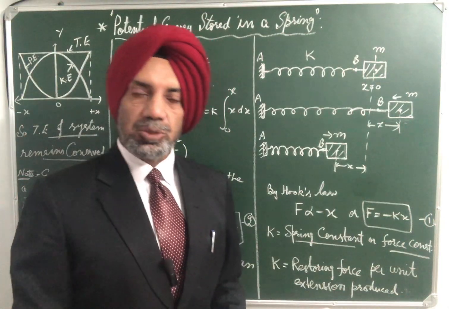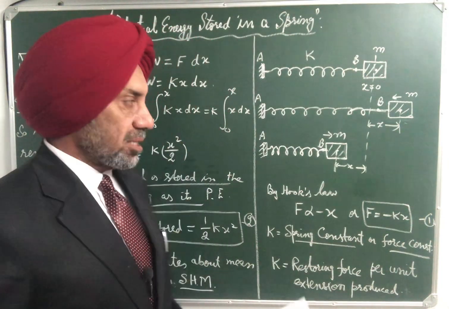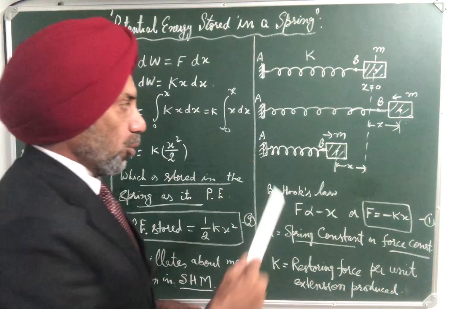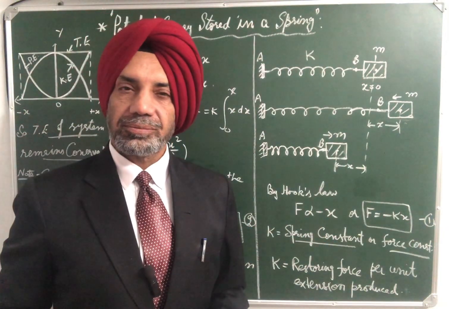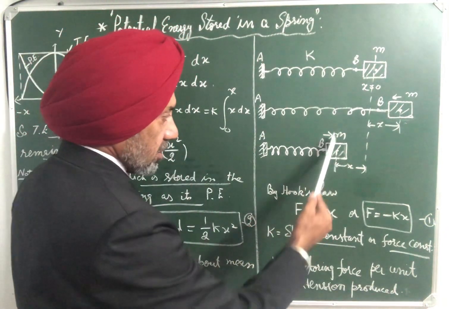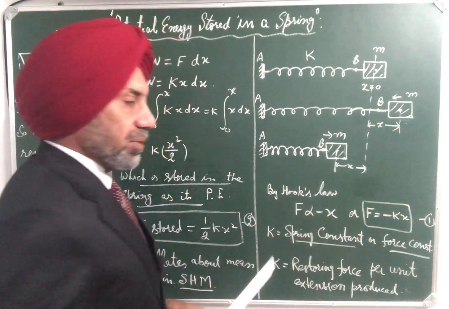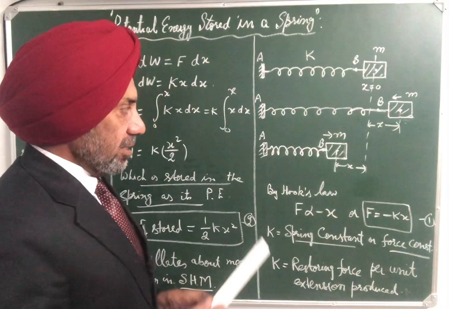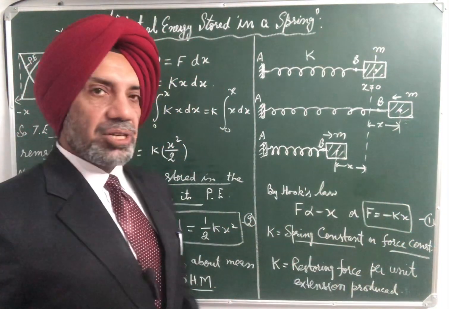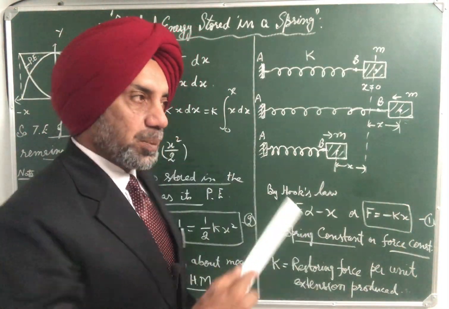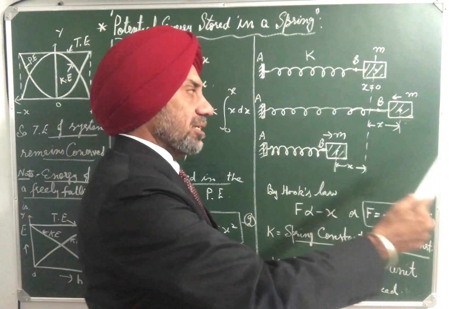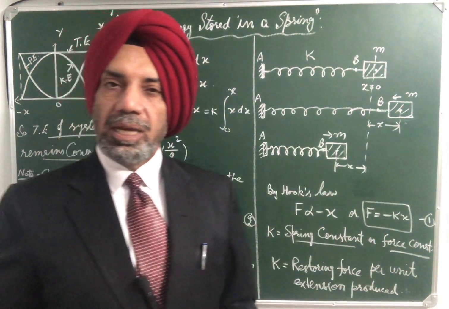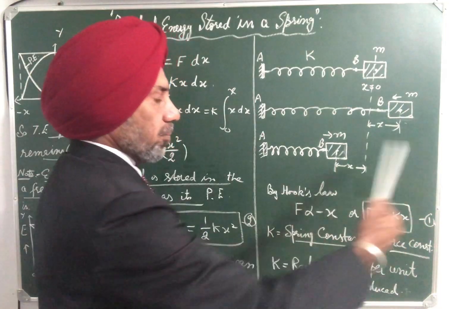Again, restoring force comes into play due to elasticity of the spring, which opposes the motion of the mass, and it stops at the left extreme position for a moment. Then it returns back to the mean position, again gains kinetic energy, overshoots the mean position, and this process continues.